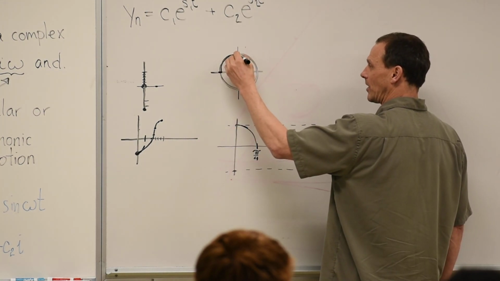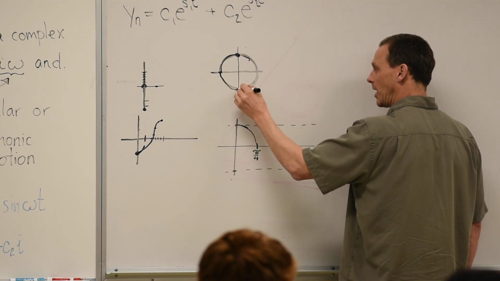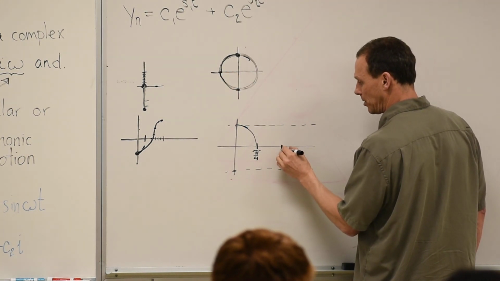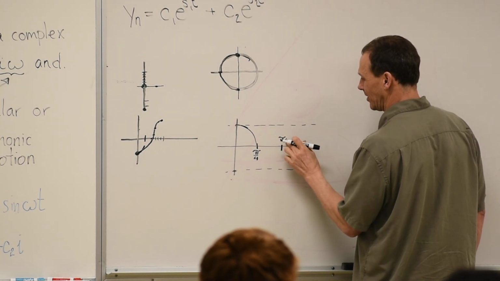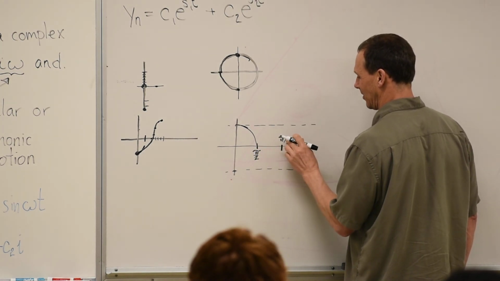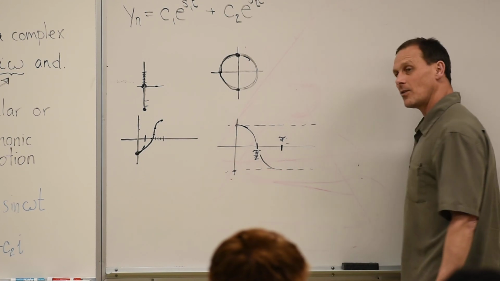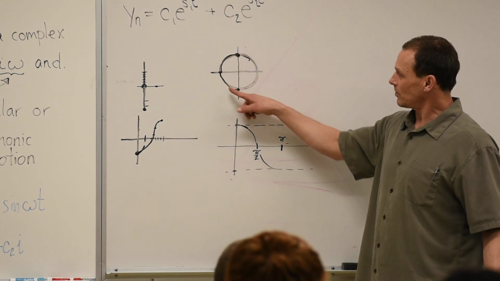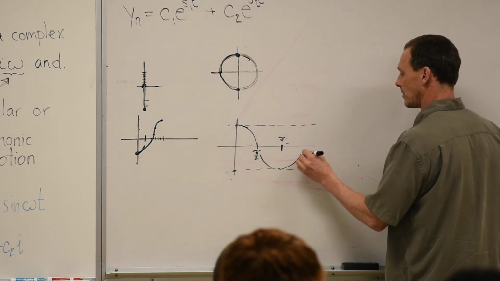But then if you sit there and stare at it for another pi over 4 units of time, you're at the bottom of the circle, but if you plot that with respect to time, now you're at, oh goodness, pi over 2. And so if you track this with respect to time, you create a cosine curve.